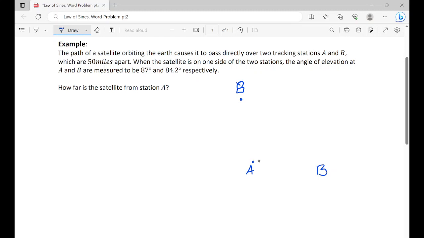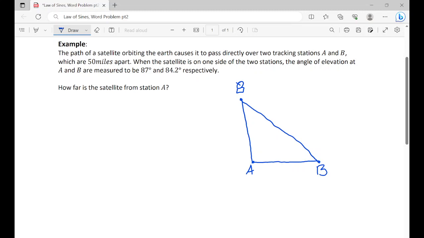So we have station A and tracking station B. So the satellite is to this side of both stations. Again, not an accurate picture, just something I can guide myself to.